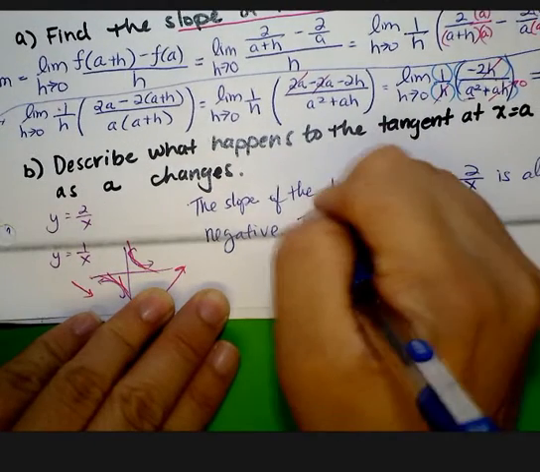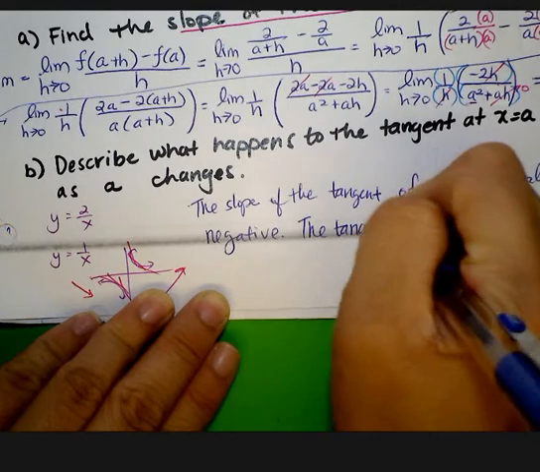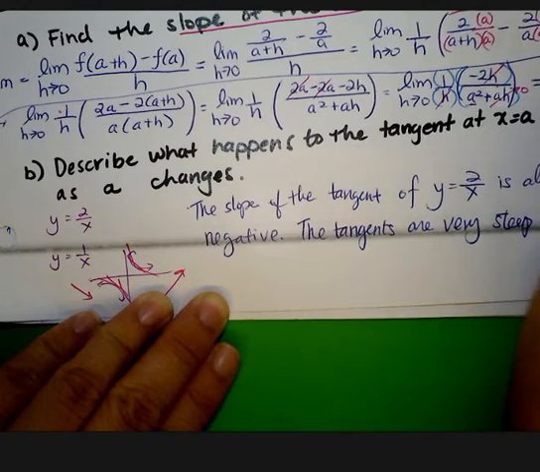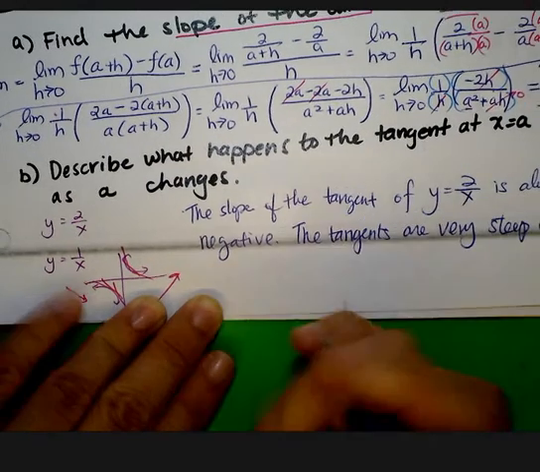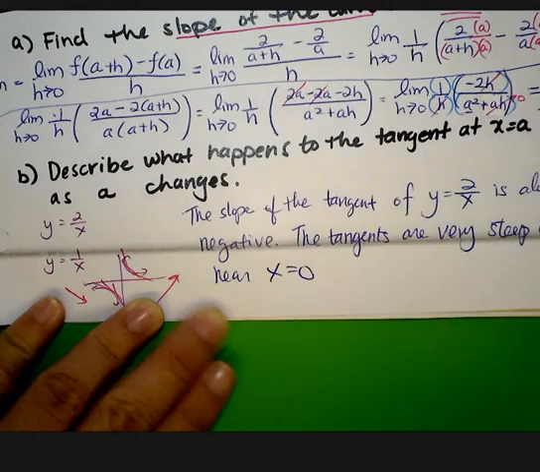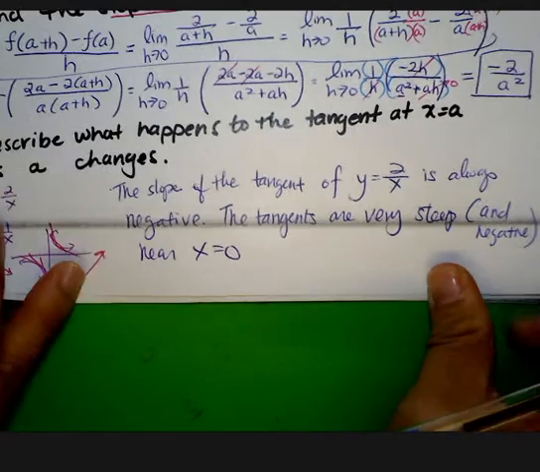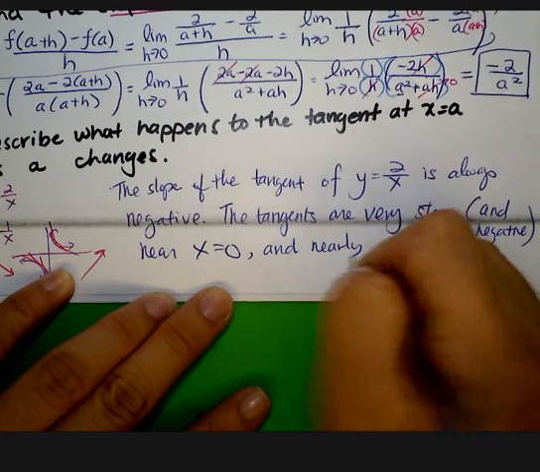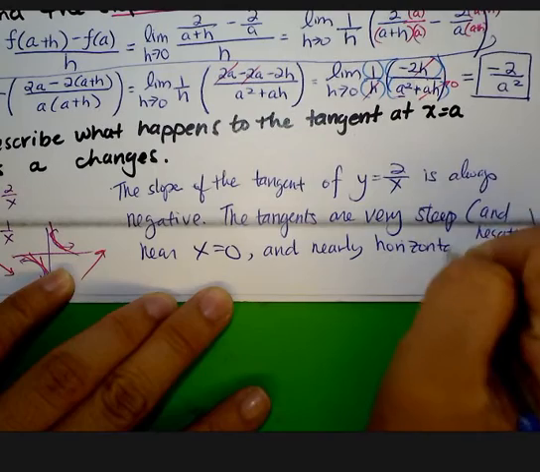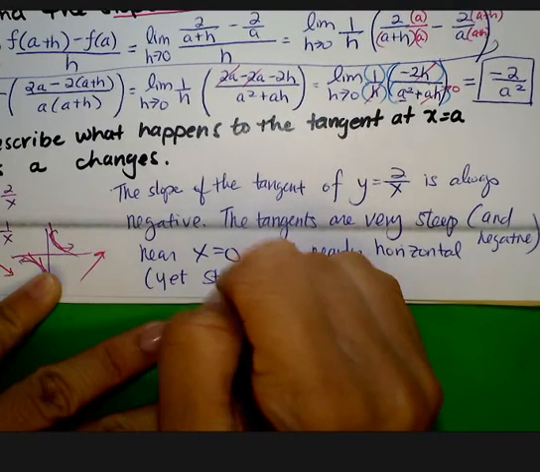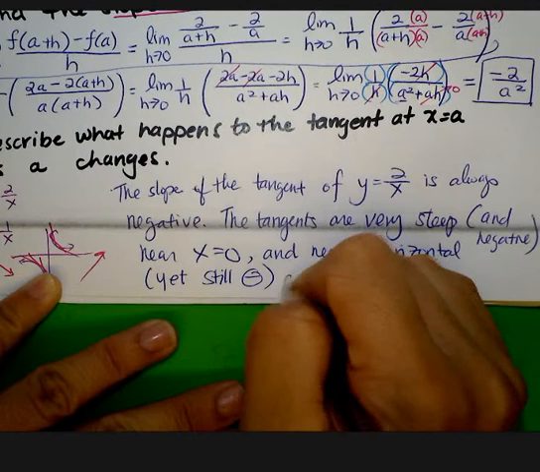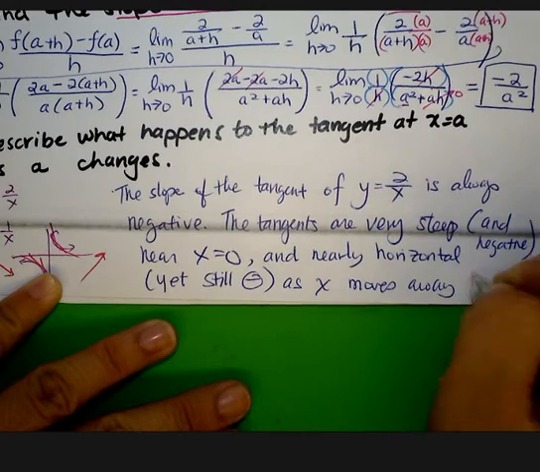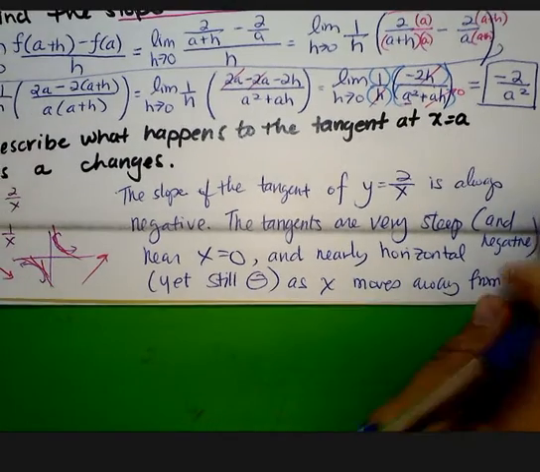The tangents are very steep and negative near x equals 0, and nearly horizontal, yet still negative, as x moves away from the origin. It's not the best, but that's the description.